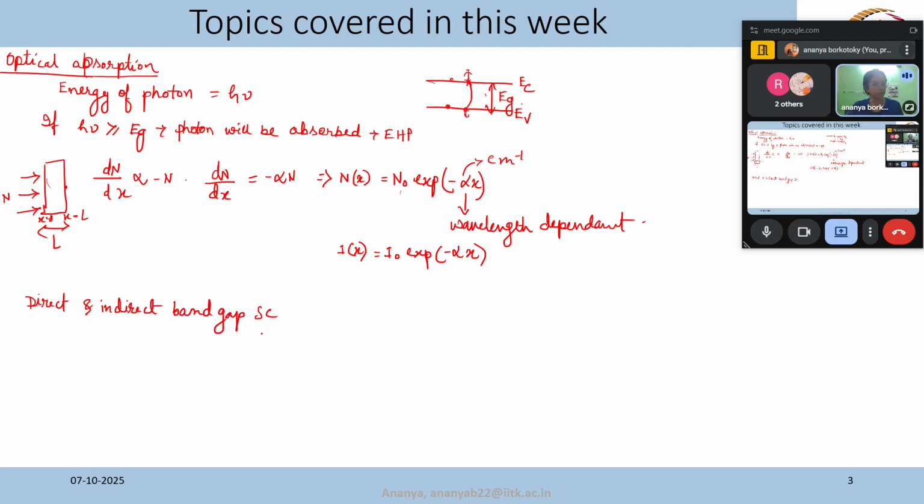So what are direct and indirect bandgap semiconductors? How can we say whether the material is direct bandgap or indirect bandgap? How do we determine that? We determine it from the EK diagram.